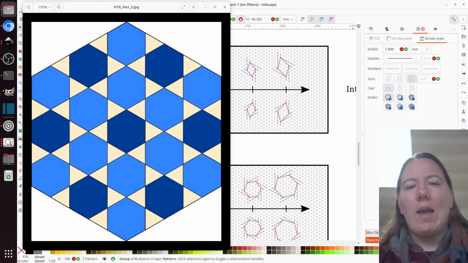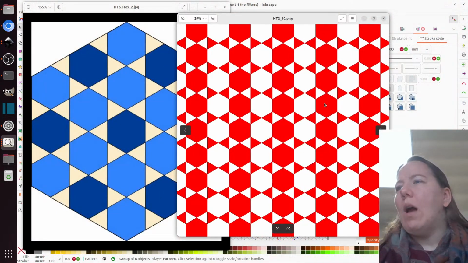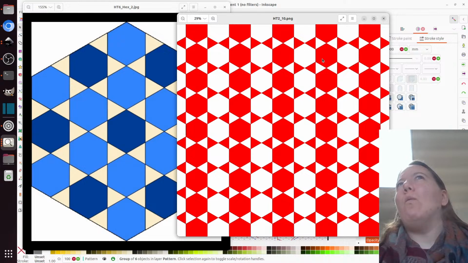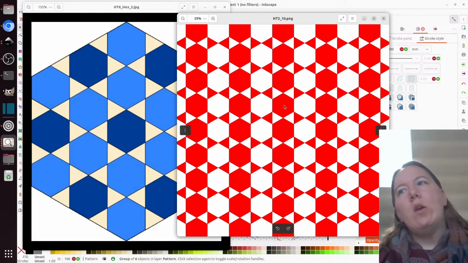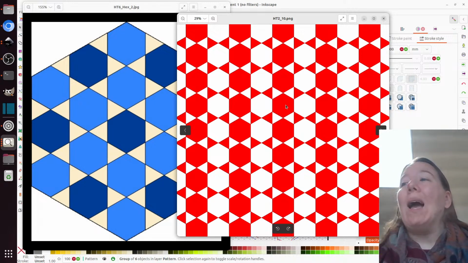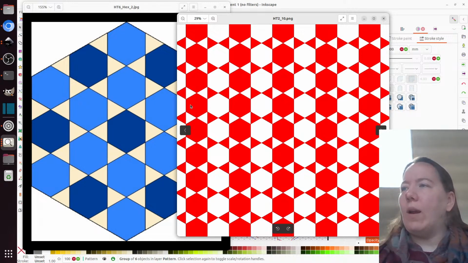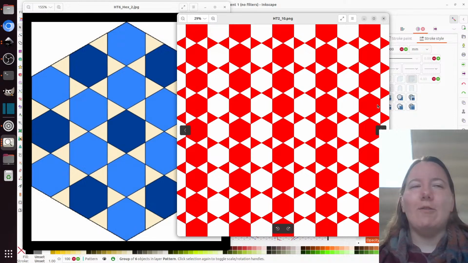Let's take a look at another one, hexagons and triangles 2-fold. And I'm going to put this up here, and when you look at the crease pattern, you might be tempted to say, oh, I see what the stripe is. The stripe is these connected hexagons.